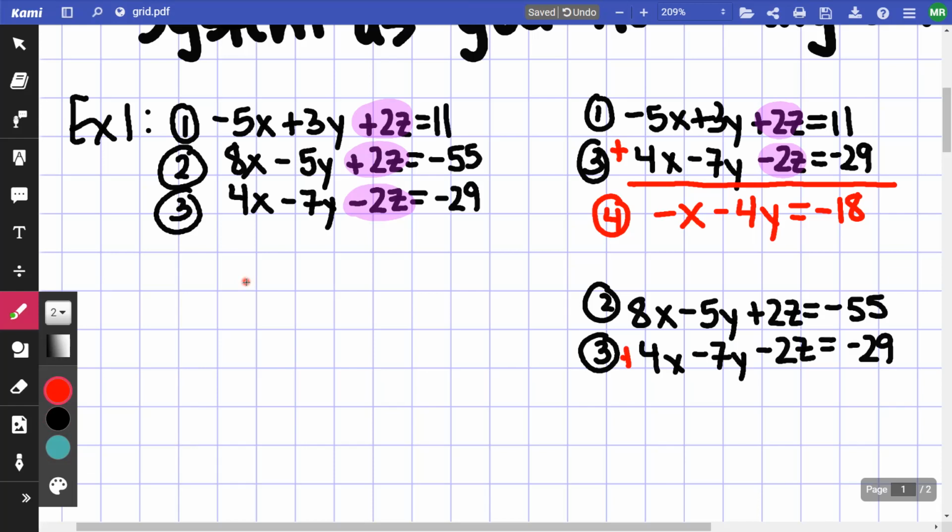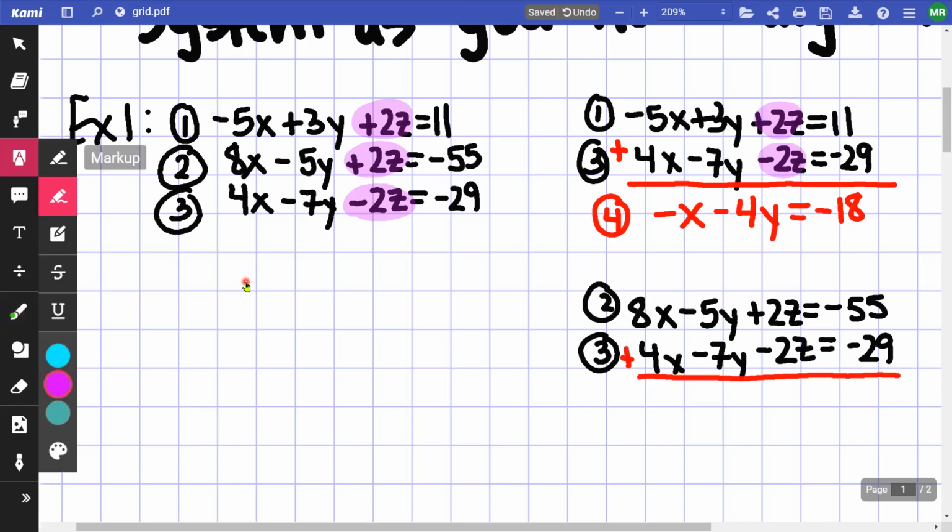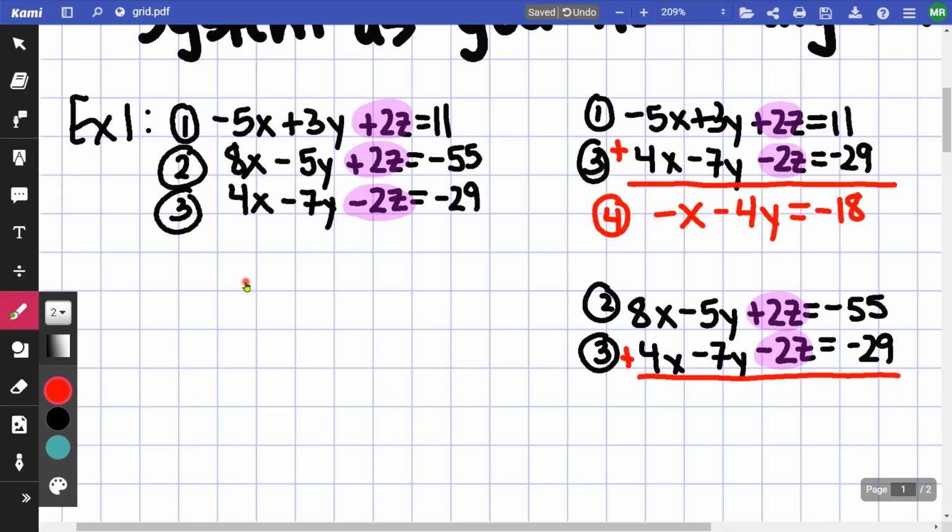I'm going to add these two equations together. And again, the positive 2z and the negative 2z are going to eliminate. And I am going to end up with 12x minus 12y is equal to negative 84. I'm going to call it equation 5 so I can refer to it.